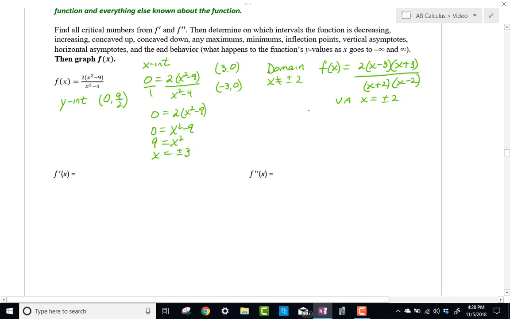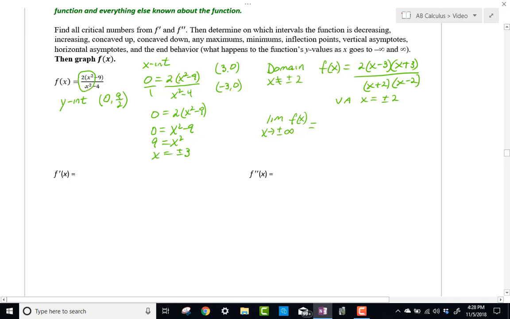And let me see, what about right and left behavior? So we need the limit of f of x as x goes to positive and negative infinity. Now I can do this one together because if you remember your rules from Algebra 2 and pre-calc, I'm looking at the leading coefficients of my numerator and denominator.